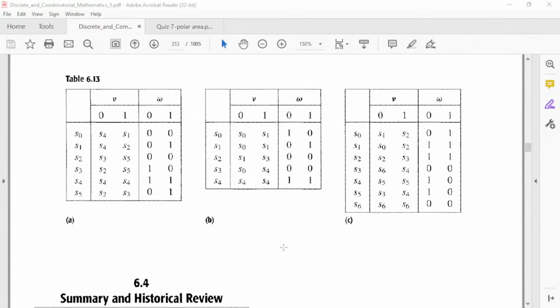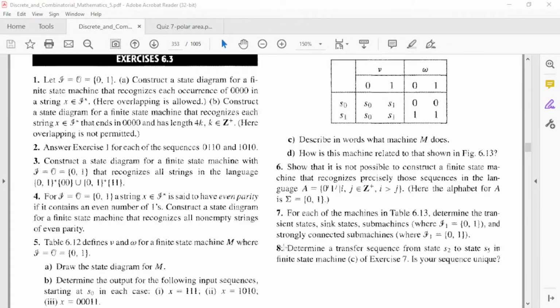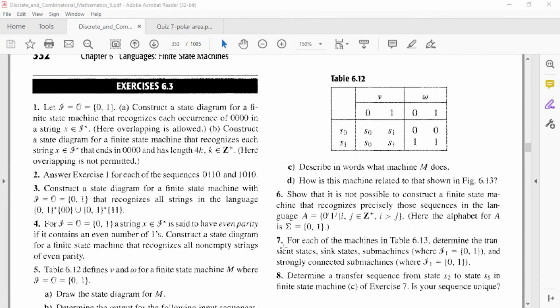Okay, onward. Anything else that we need to deal with? Can we briefly go over 1B? 1B, let's look at 1B, sure. So 1B: construct a state diagram for a finite state machine that recognizes each string that ends in this. It says here overlapping is not permitted, and also has length 4k, which means it's a multiple of 4.